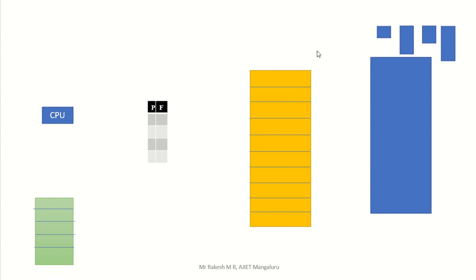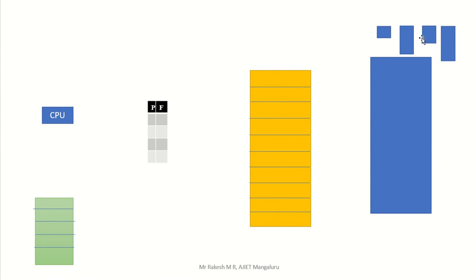Here this is secondary memory and this is your primary memory or main memory. In secondary memory we have a lot of processes, and some of the selected processes come to your main memory.